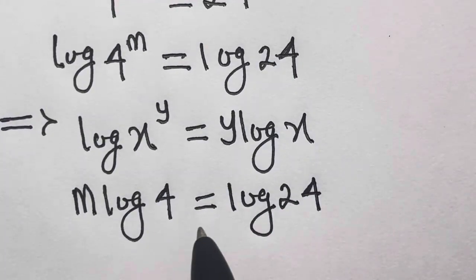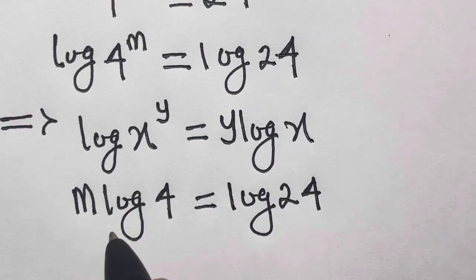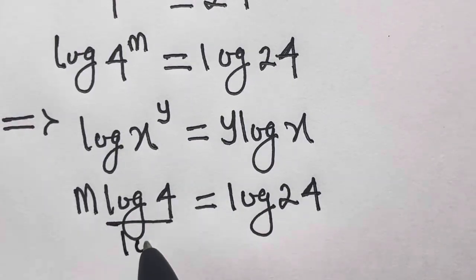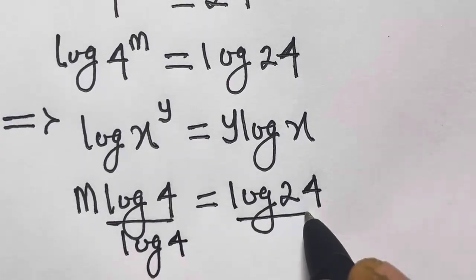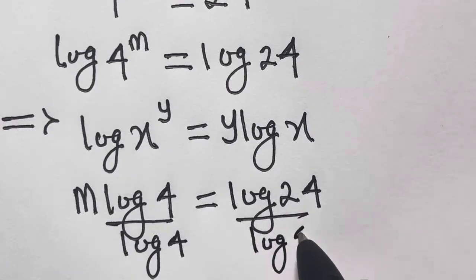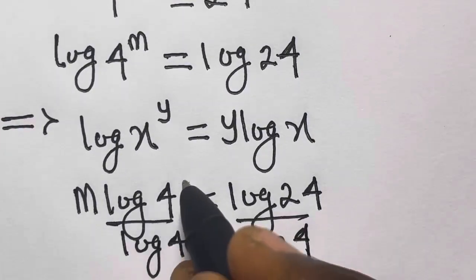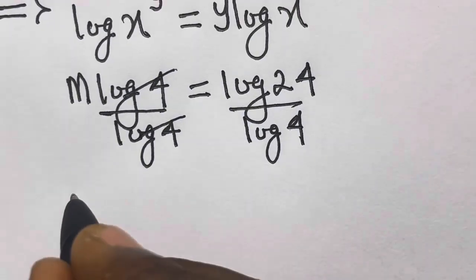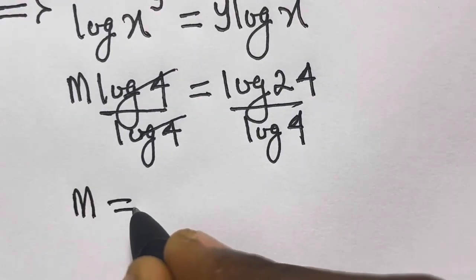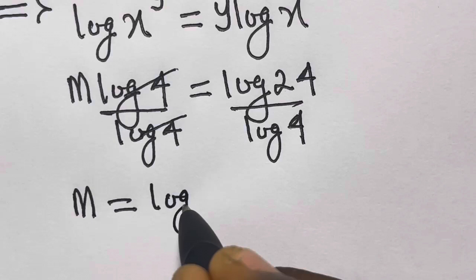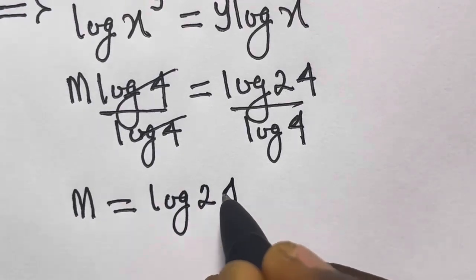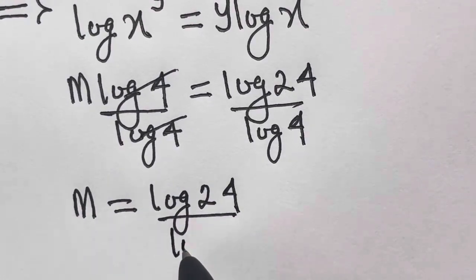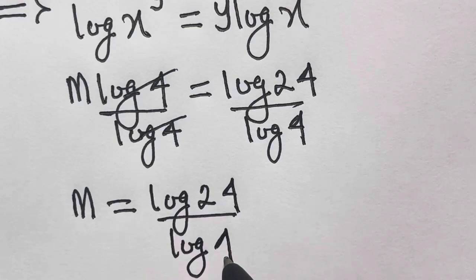So from here we can divide both sides by log 4, so this cancels this, and we have m equals log 24 divided by log 4.